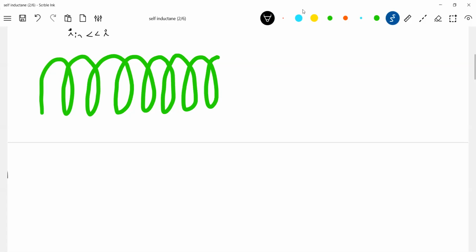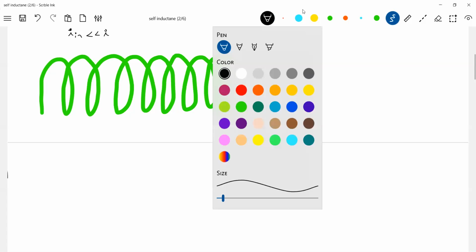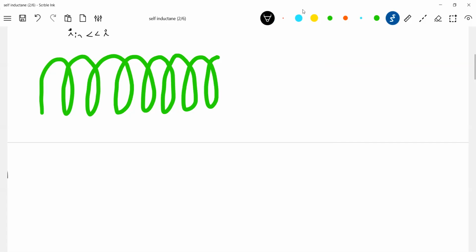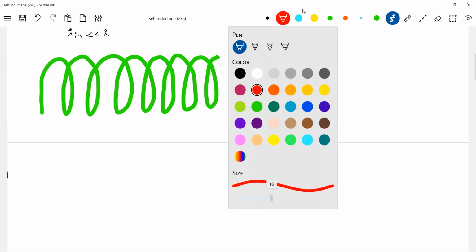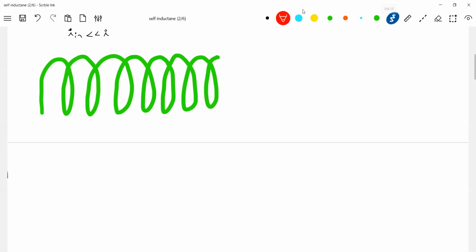Let this be the red color we took; it's only for our reference that we are drawing it.